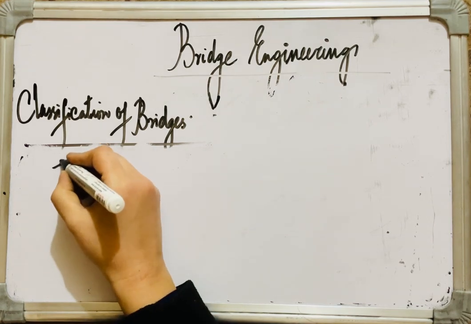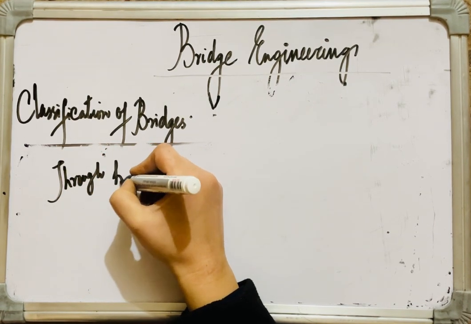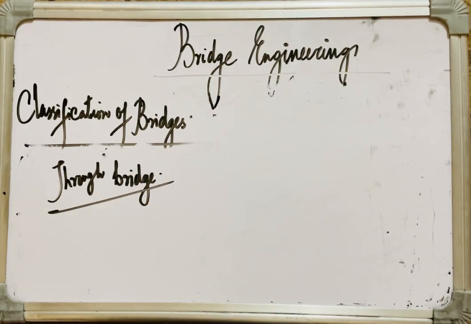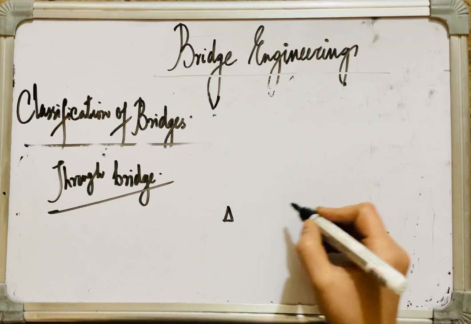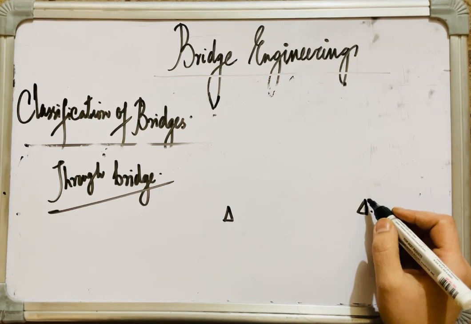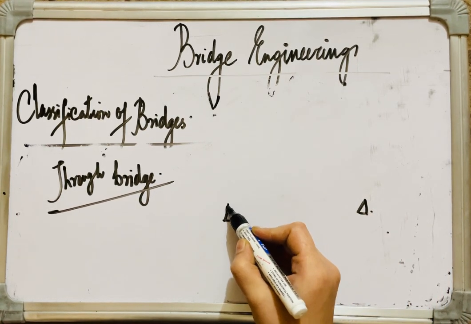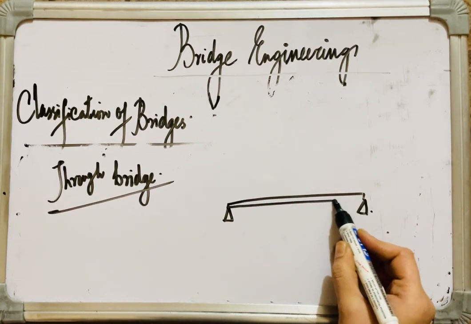another type of bridge that is known as through bridge. It is that type of bridge wherein the bridge deck, I'll show you diagrammatically, is below the supporting structure. We just studied tied arch bridge.